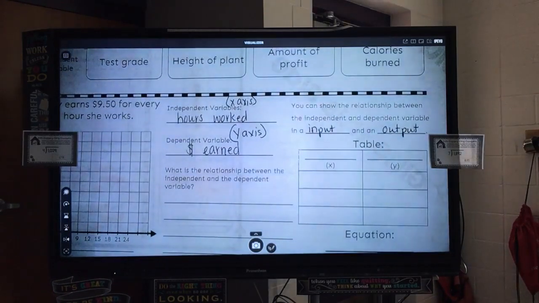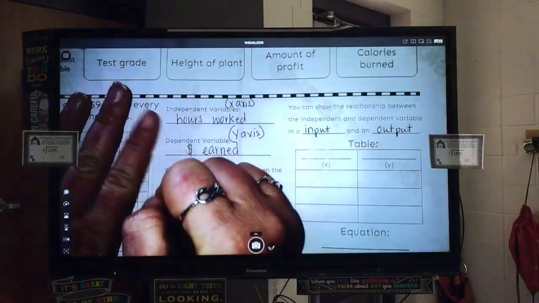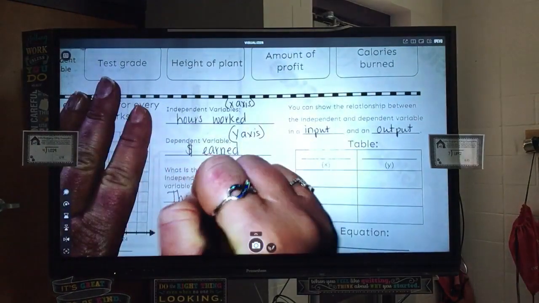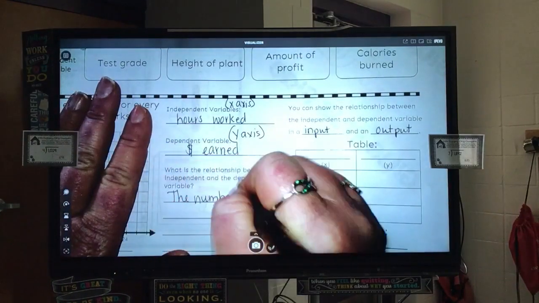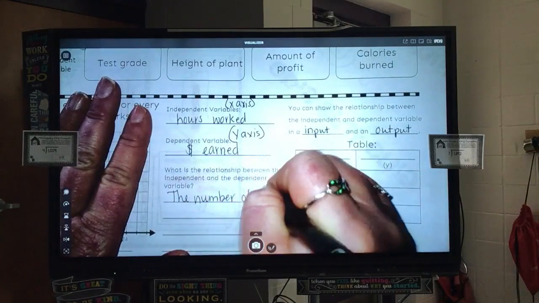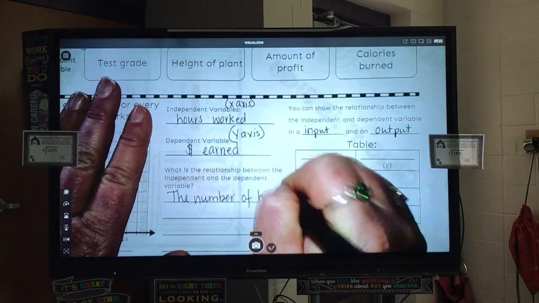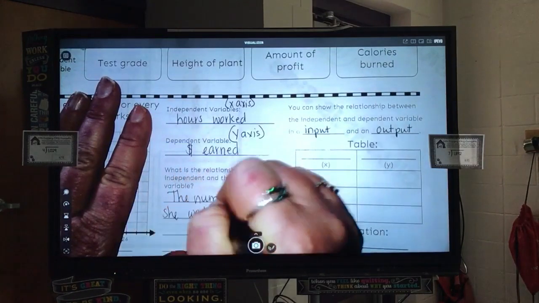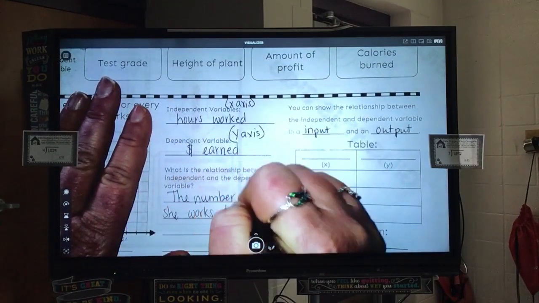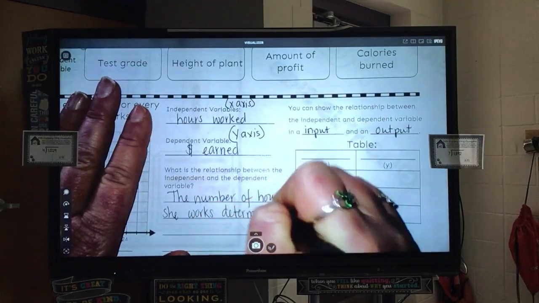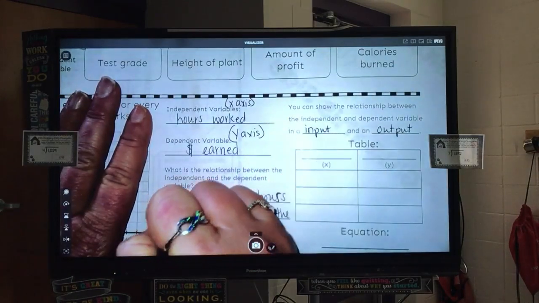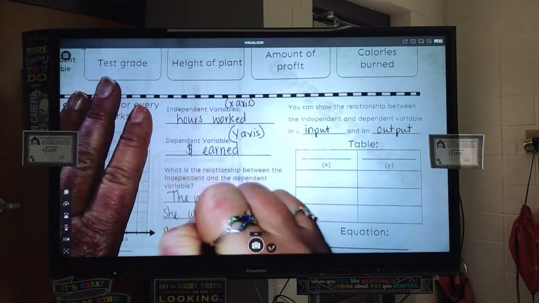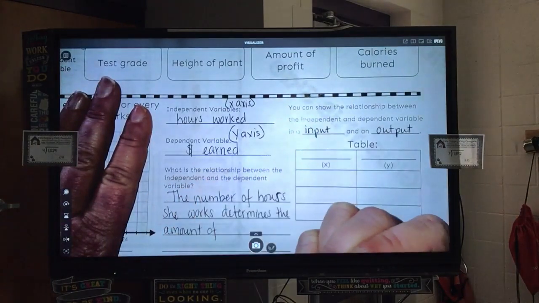The amount of hours she works determines the amount of money she earns.